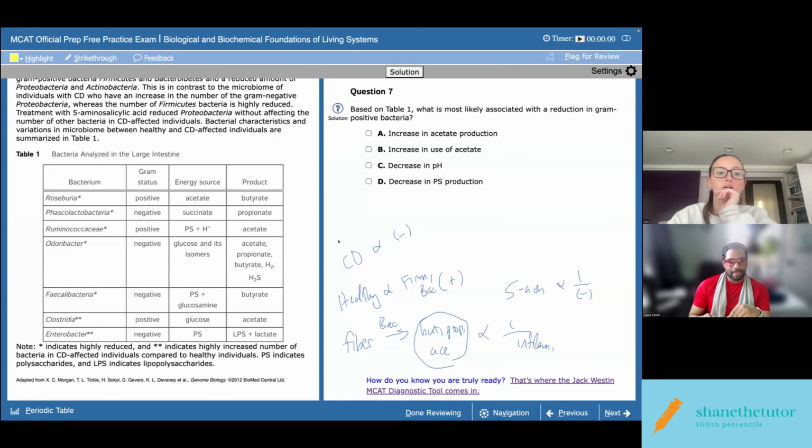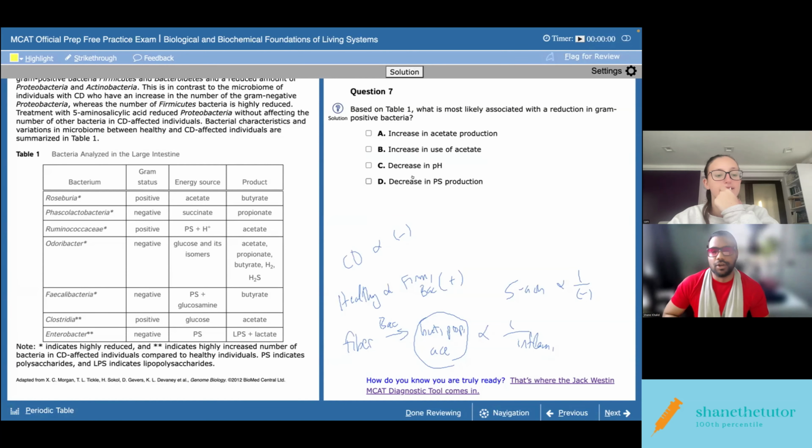My point is that for the polysaccharides, it's associated with both the positive and negative, so I don't think it has anything to do with its production. So I don't think it would necessarily decrease.